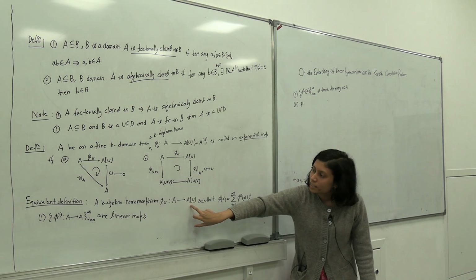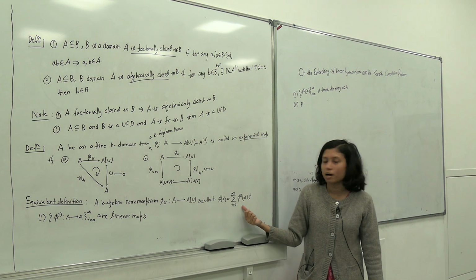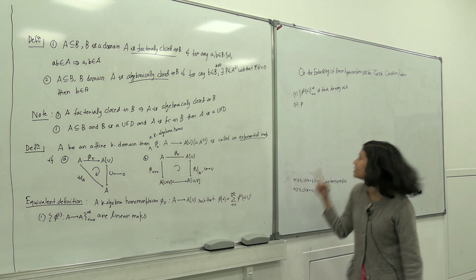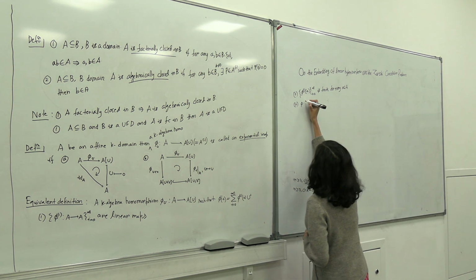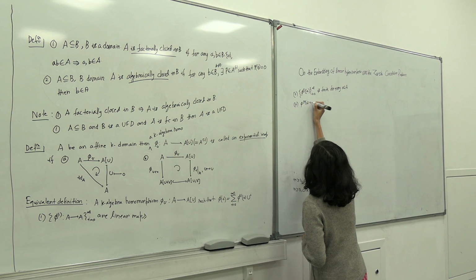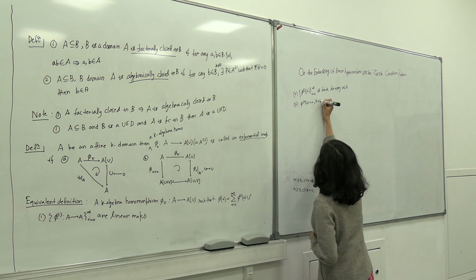It has to be included inside A[u]. I cannot have a power series here. I have a polynomial here. That's the reason. And phi_0(a) is equal to a for all a.